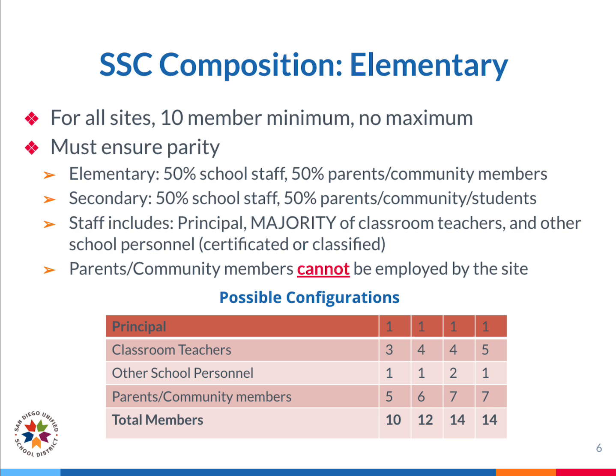The staff members include the school principal, classroom teachers, and at least one other school personnel that does not have a roster of students. This other school representative can be certificated or classified. Classroom teachers must make the majority of the staff members of the SSC. Parents or community members cannot be employed by the site.